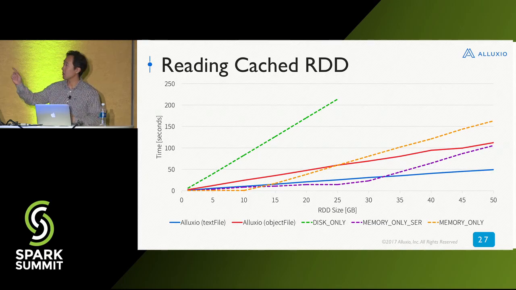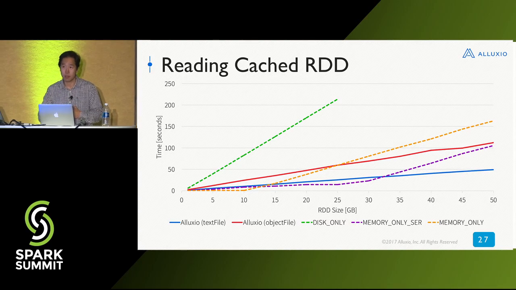The top green line is, I think, the disk cache line, so clearly that's going to be slower than any of the memory caching. But what this shows is that for smaller sizes of data, the Spark in-memory cache outperforms Alluxio. But as the data grows larger and larger, the Spark cache performance decreases.